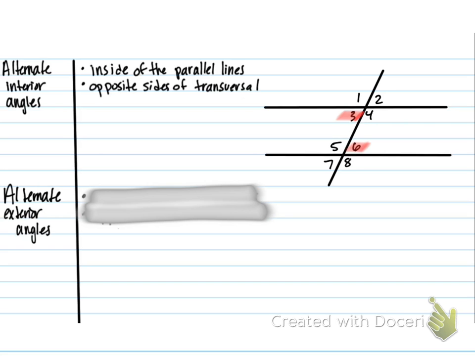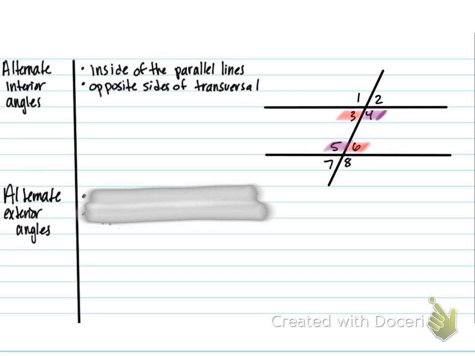Remember, this is the transversal and these are the two parallel lines. The other pair of alternate interior angles will be angle 4 and angle 5 because they're both inside of the parallel lines and opposite sides of the transversal.